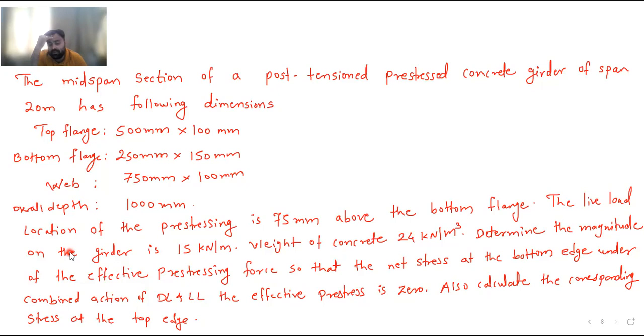Concrete density is given. Determine the magnitude of the effective prestressing force such that the net stress at the bottom edge under combined action of dead load and live load, the effective prestress is zero.